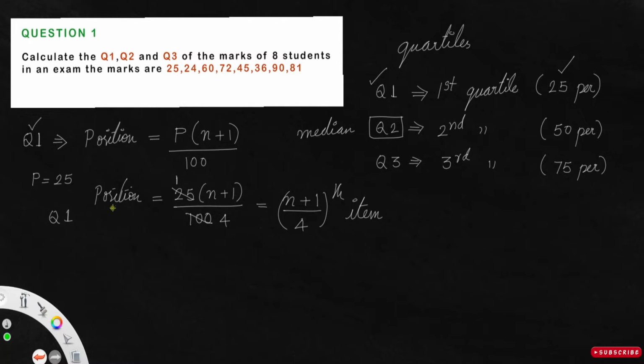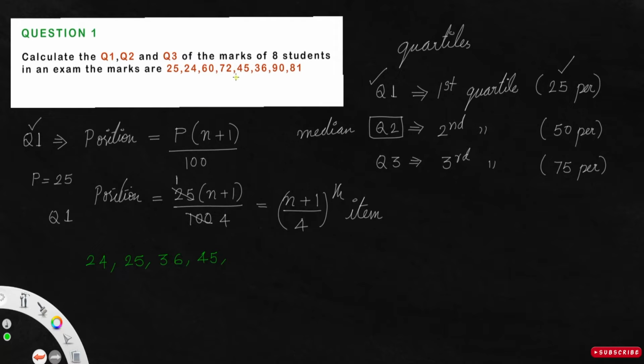So I have to write this in the ascending order. The lowest term is 24. Then comes the 25. Then 36. Then 45.